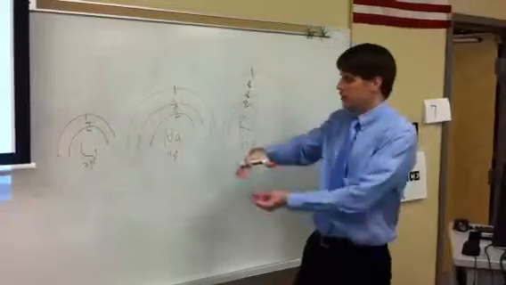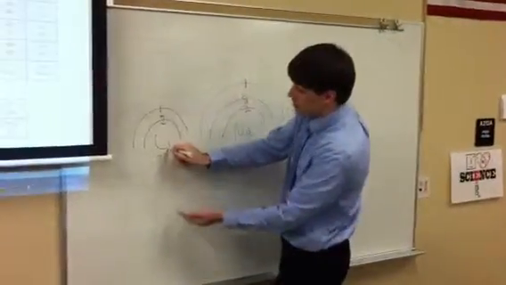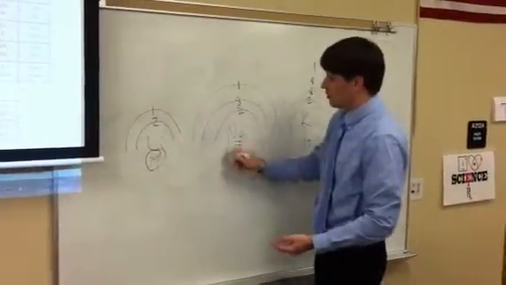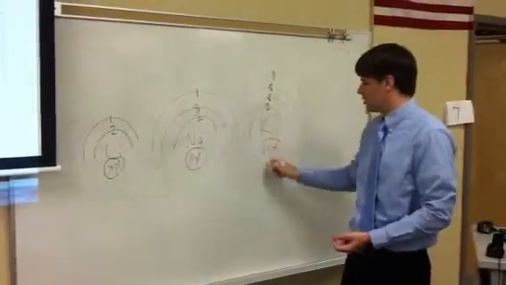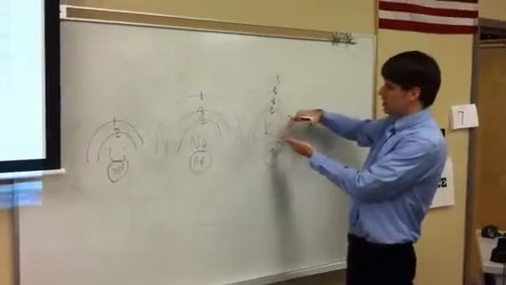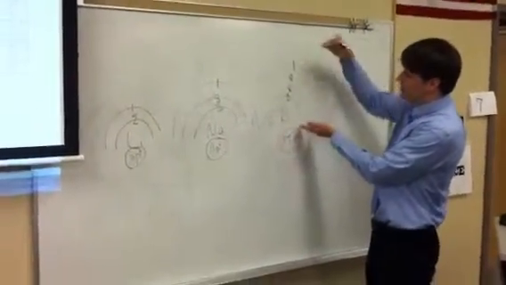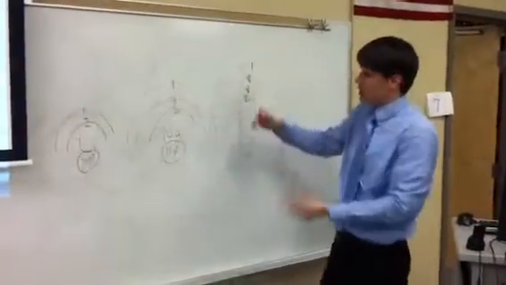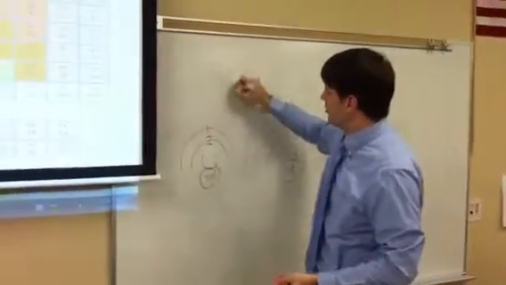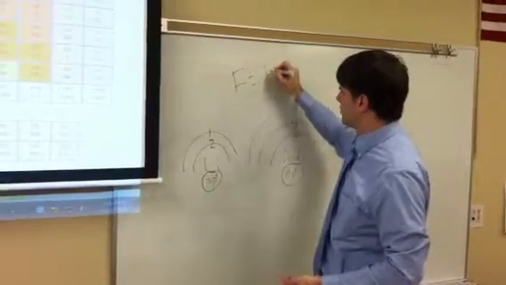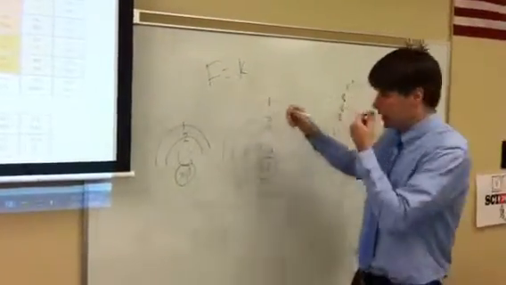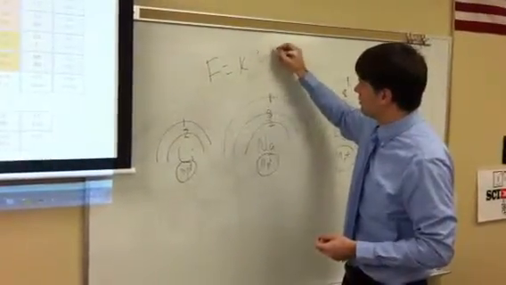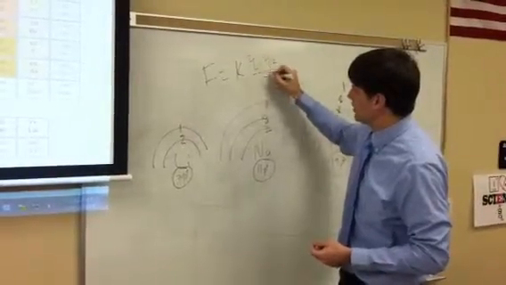So the distance between these protons in the nucleus, there are also neutrons there, but they don't have a charge, is increasing from the nucleus to that valence electron. And if you remember your equation, the electrostatic force is equal to K, the electrostatic constant, times Q1 times Q2 over R squared.